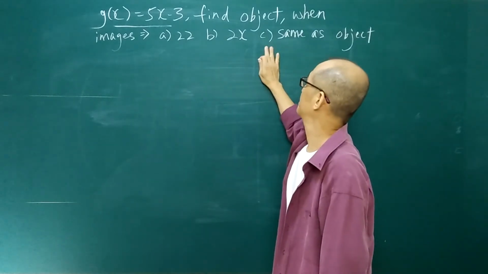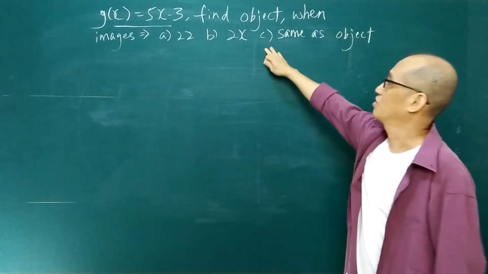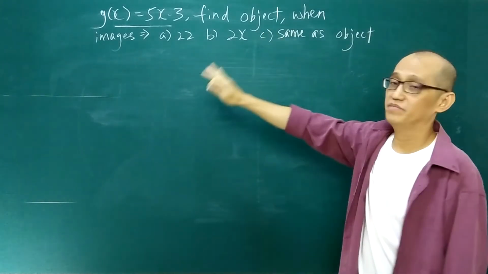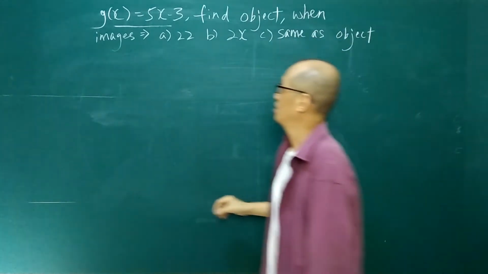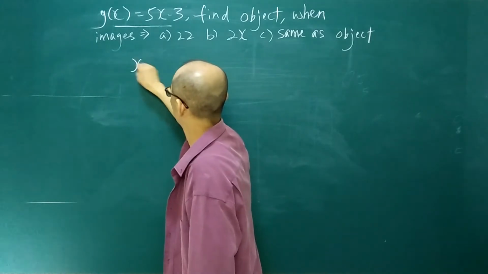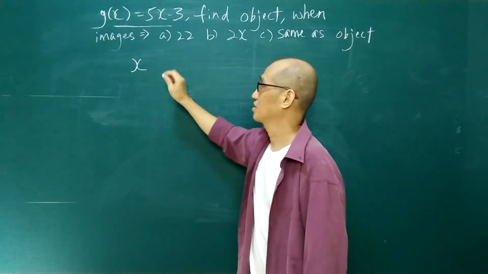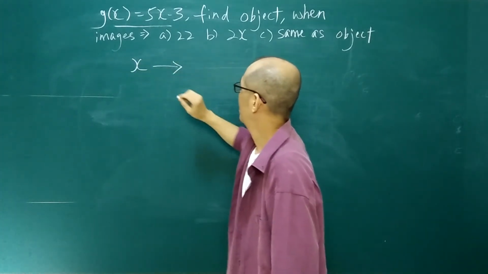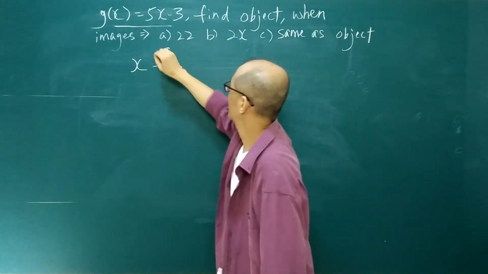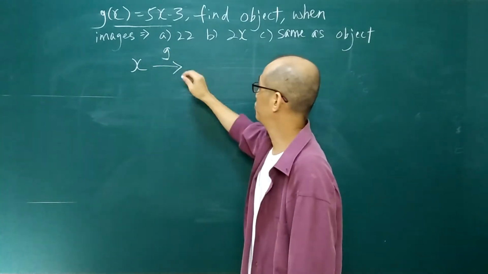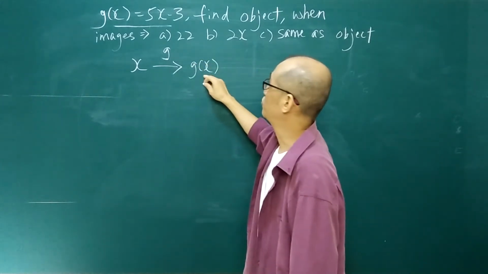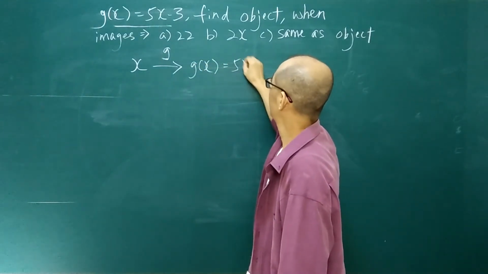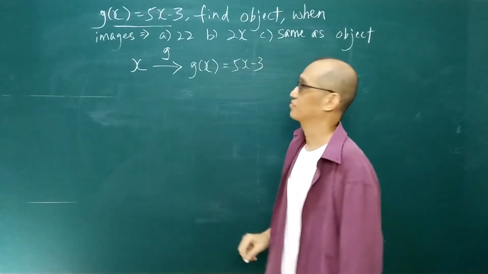Lastly, C. We want to find the object when the image is same as the object. So object is x. After it undergoes the function g, we get g(x), and g(x) is 5x minus 3.